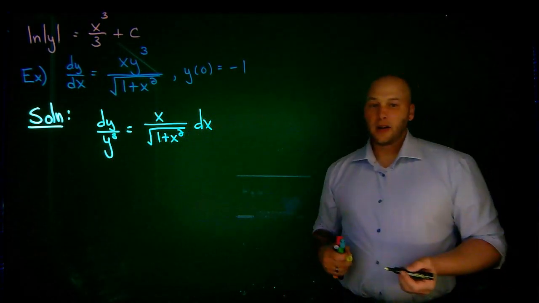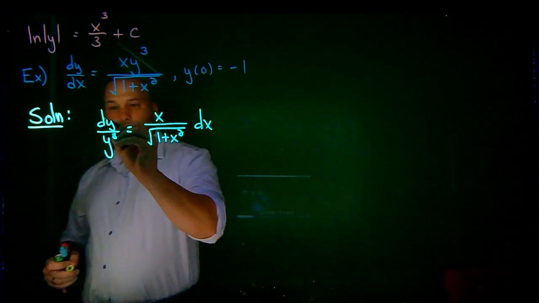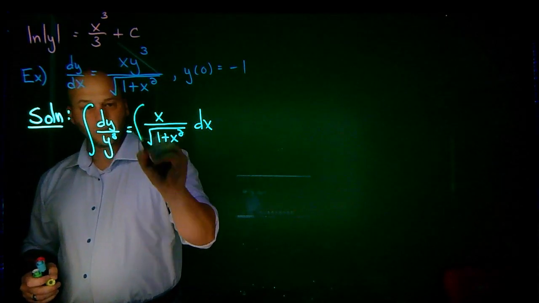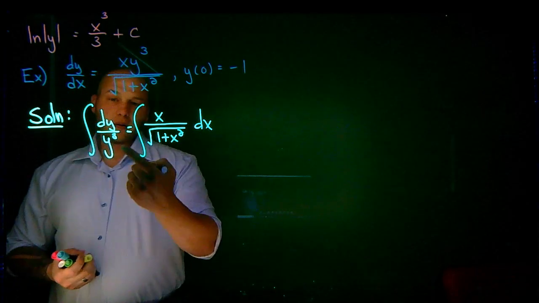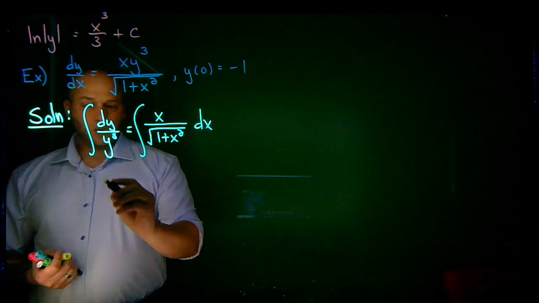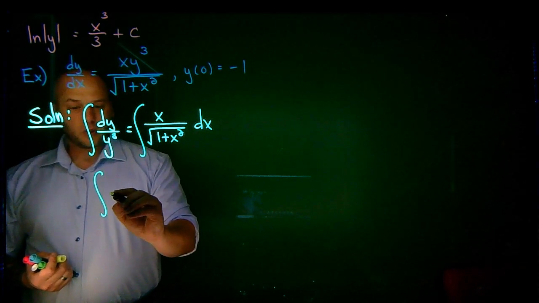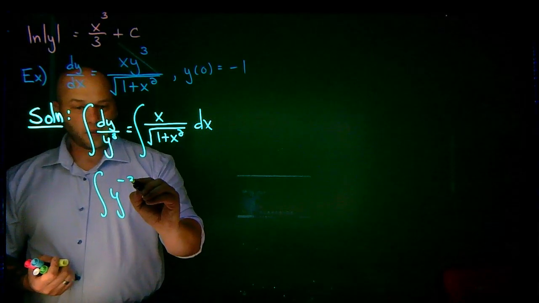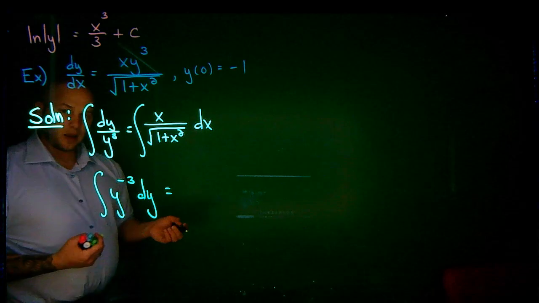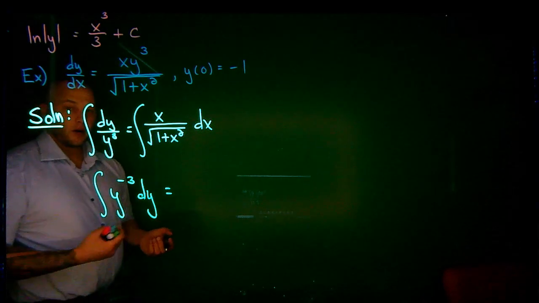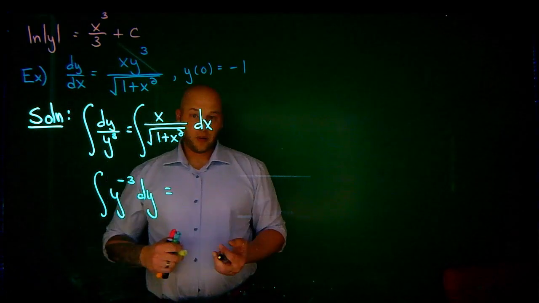From here, I'm going to go ahead and integrate the left side and the right side. To integrate the left-hand side, remember that 1 over y cubed is the same thing as y to the negative third. So let me write that in a more appropriate format for thinking through the integration.